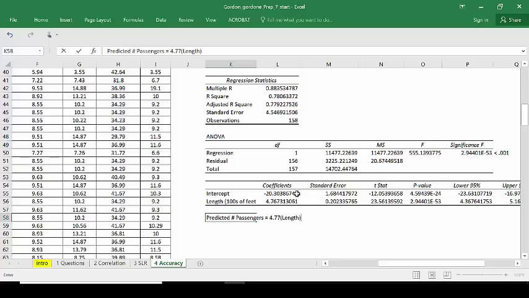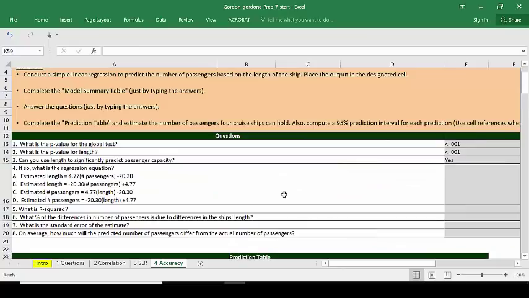So since it's negative, I'm just going to do minus 20.30. So that is our regression equation. Now if we know the length of a cruise ship, we can just plug it into the equation, and then we can predict the number of passengers that it can hold. If you go back up to the questions, you can see C is our regression equation. So I'm going to pick C.